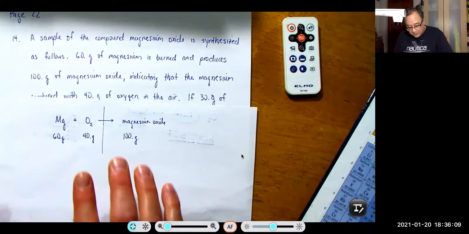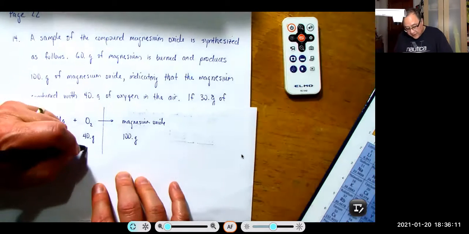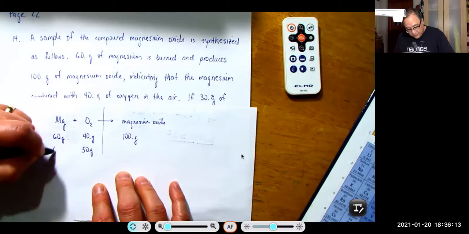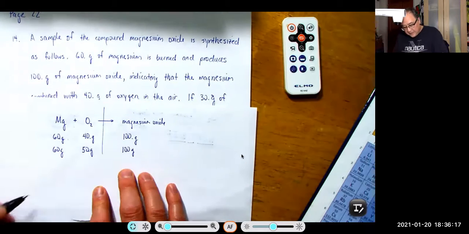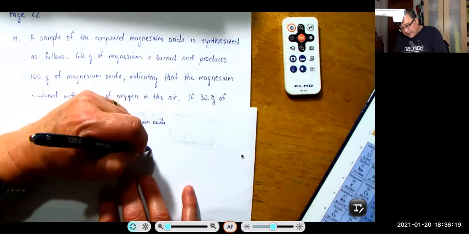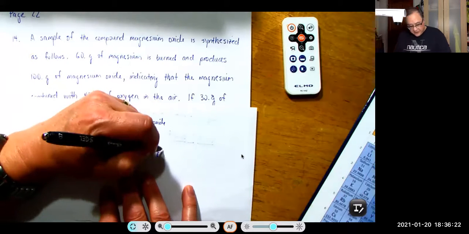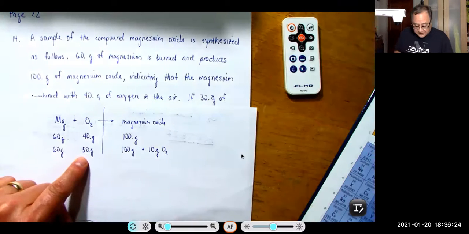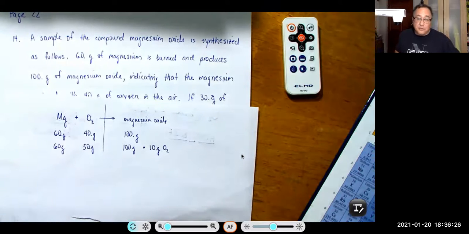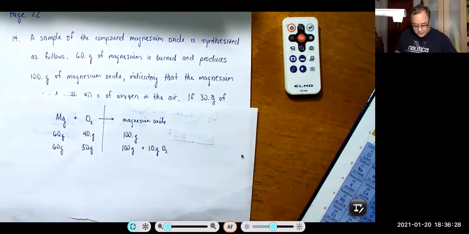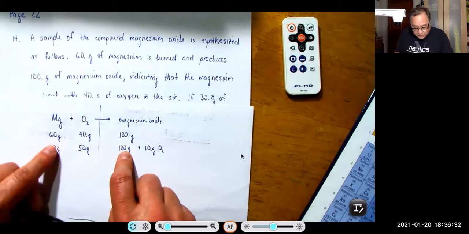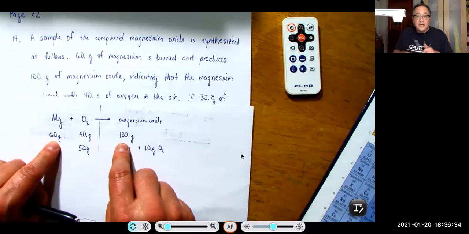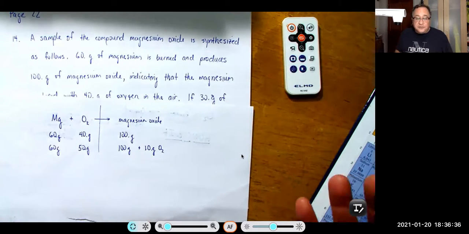So in this example, if we actually started with 50 grams of oxygen, we would end up with 100 grams of magnesium oxide plus 10 leftover grams of oxygen that are unused, because these things have to mix in particular proportions. Okay, so these are the proportions in which they mix, 60 of this with 40 of that, and you get 100. And you don't have any leftover unused material.